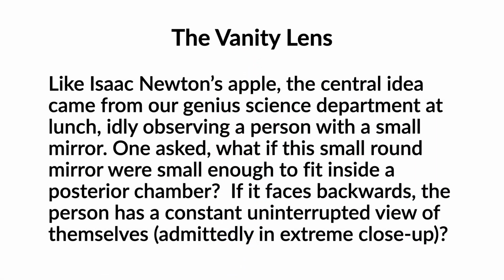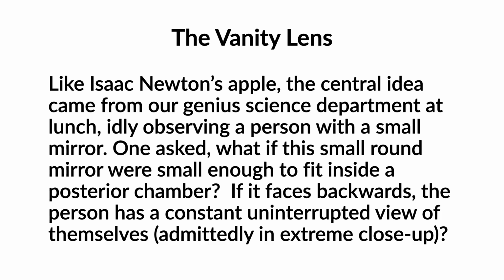Like Isaac Newton's apple, you take that small mirror that the lady had in my first vanity lens and you put that facing backwards so the retina behind that just sees itself in the mirror. So you're showing the patient at all times. You're not seeing through that, but they see a magnified image of themselves.